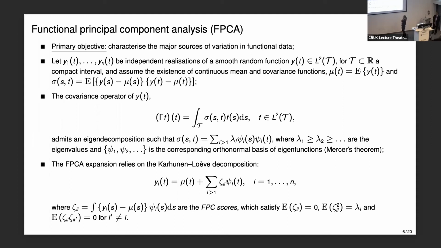The first thing is that you can work directly with the covariance function and smooth it, and then obtain the eigenfunctions and scores, and that's what's done in the frequentist setting in particular. There may be Bayesian approaches that do this as well, but Bayesian approaches tend to work directly with this decomposition here.